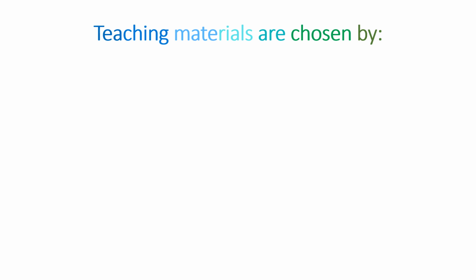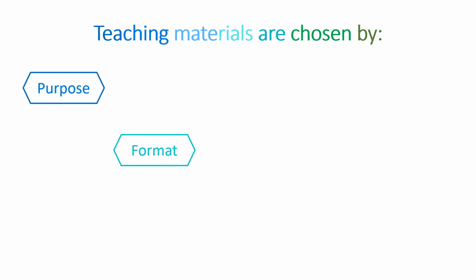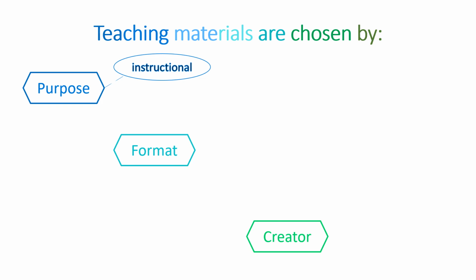Well, the teaching materials are chosen by three factors: purpose, format, and the creator. So let's look at each one. What is meant by purpose? All right. So are you using that material for instructional purpose or is it for authentic purpose?